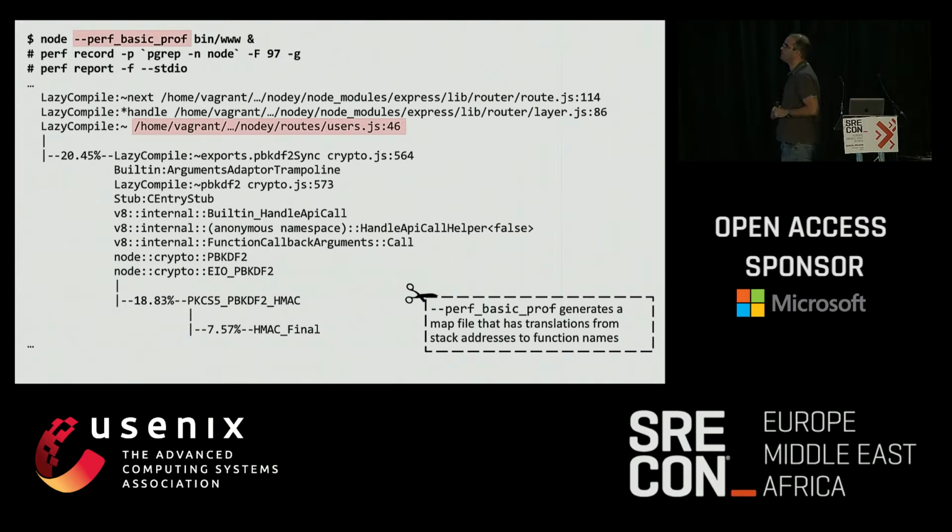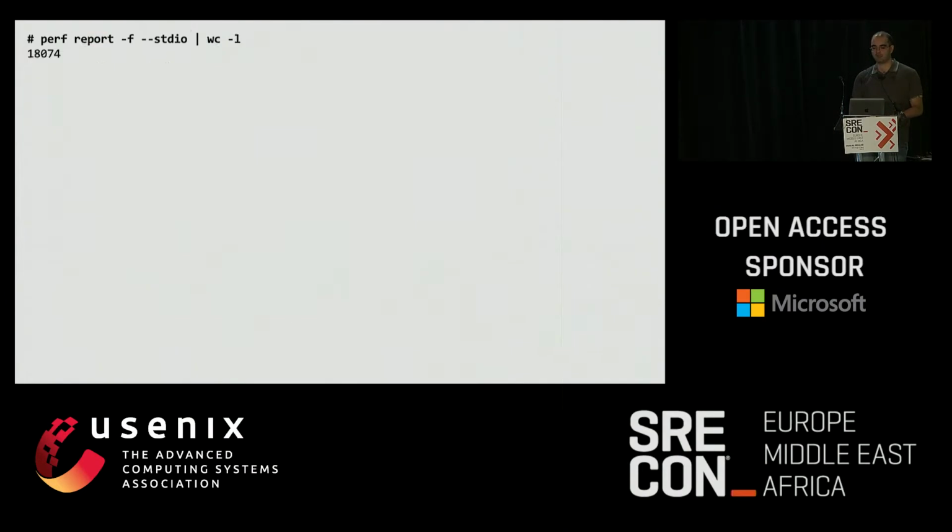It's not really a very useful way of visualizing CPU profiles, especially if they're very large and complex. So we'll definitely switch to a slightly different visualization tool in a moment. But that's just the basics you have to go through to get even a text report dumped out to the terminal. Now, the report for a quite simple app that I've done as part of my preparation was 18,000 lines.